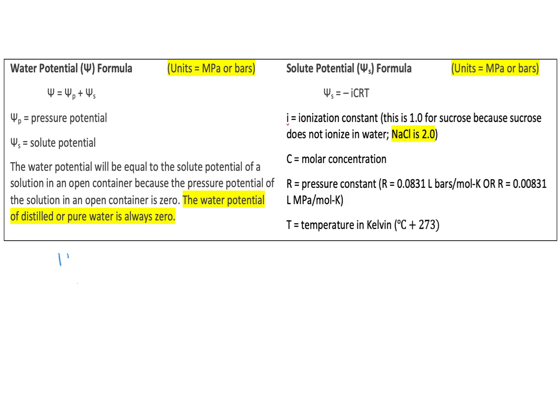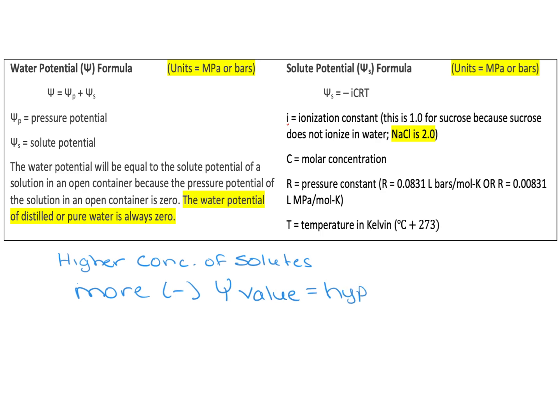Now, the higher the concentration of the solutes in a solution, in a cell, when we calculate water potential, it will have a more negative calculated water potential value, and that value is going to end up being hypertonic, so there's some of that language coming back.